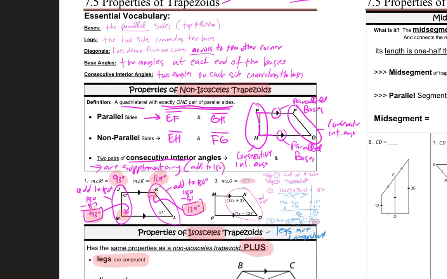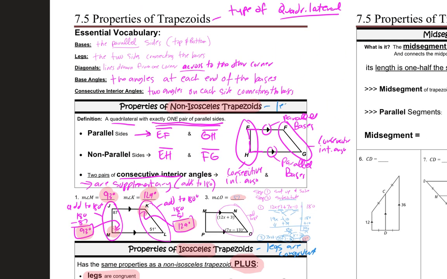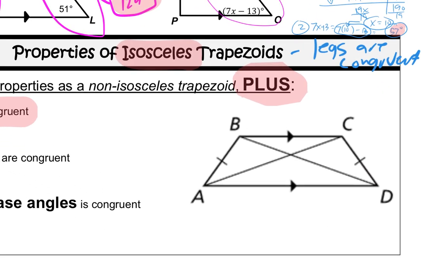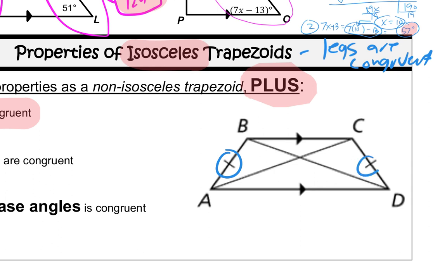On the non-isosceles, the legs are different. That's the main difference. You see right here, they both have parallel sides on top and bottom. It's just these two legs that are different. These two legs, by this indication, are congruent. The legs are equal.